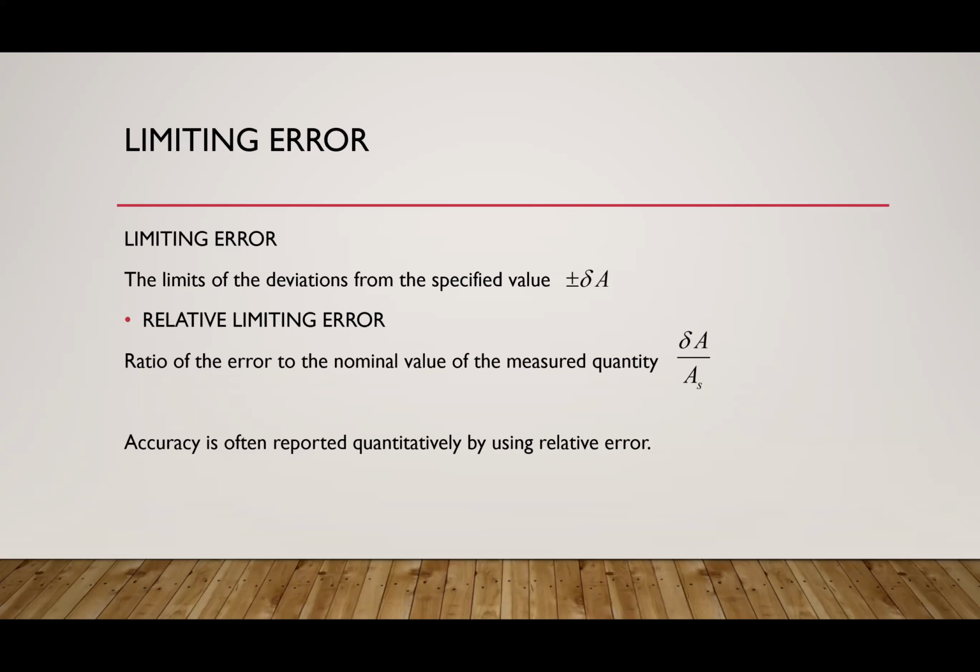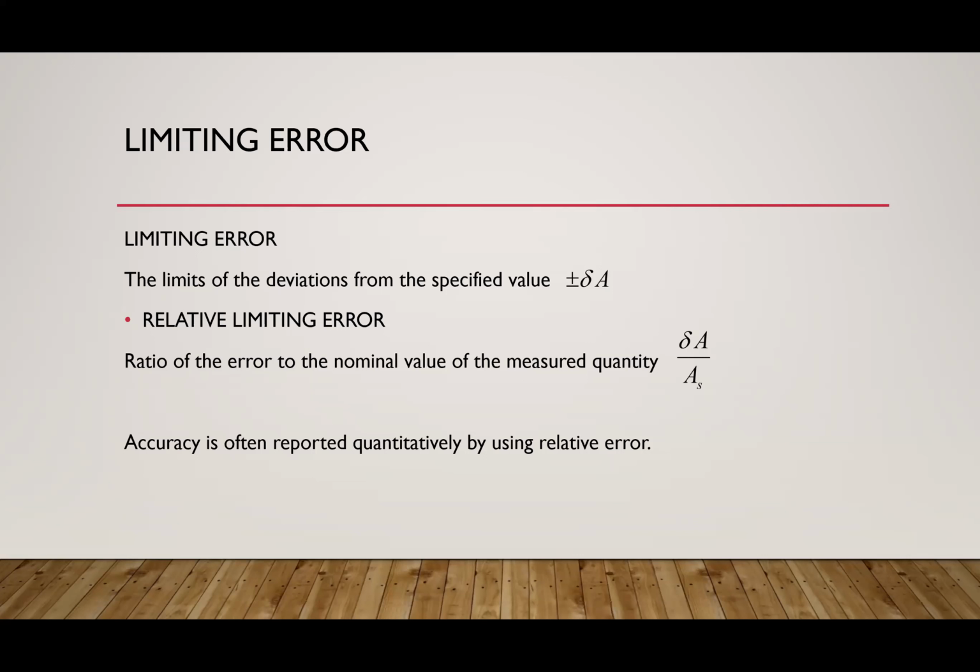And the ratio of the error to the nominal value of the measured quantity is usually called the relative limiting error. कितना maximum possible deviation हो सकता है उसको हमने plus minus delta A से denote किया. If AS is the measured quantity, or you can say the nominal quantity, then the relative limiting error becomes delta A upon AS.